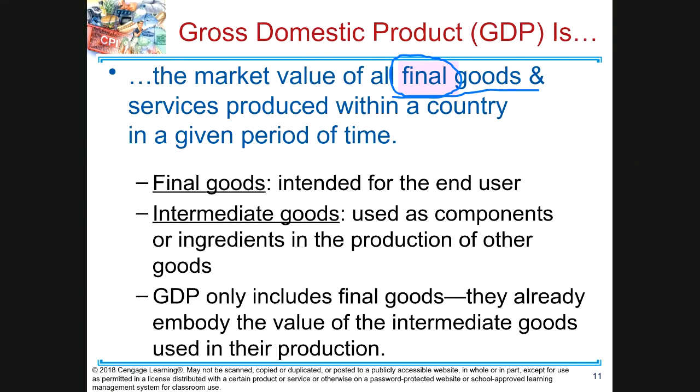Then remember, final goods versus intermediate goods. What are intermediate goods? Goods used as a component or ingredient in the production of other goods. Let's say we made a car.